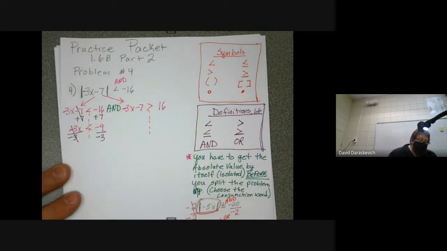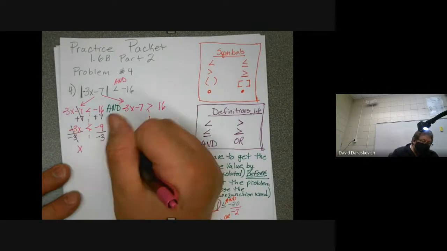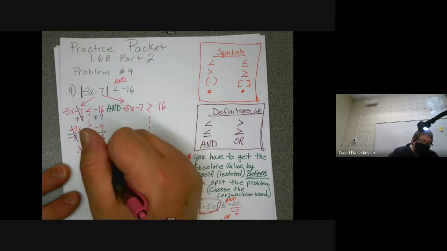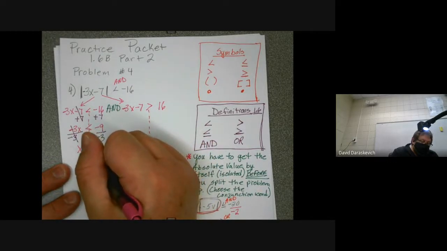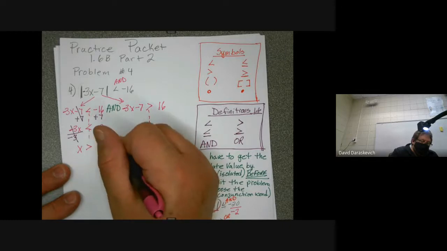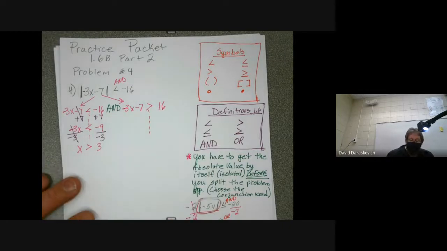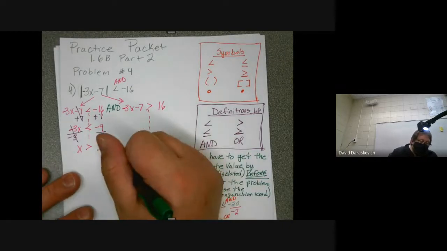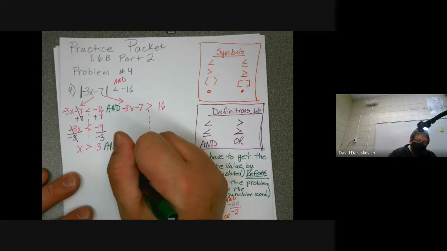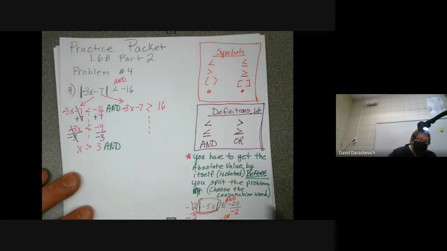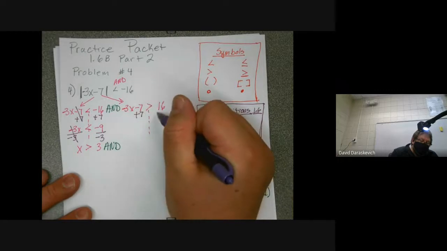And I get my x. I divided by a negative number, so I have to flip the sign. -9 divided by -3 is 3. It's an and statement that doesn't change. +7 plus 7.